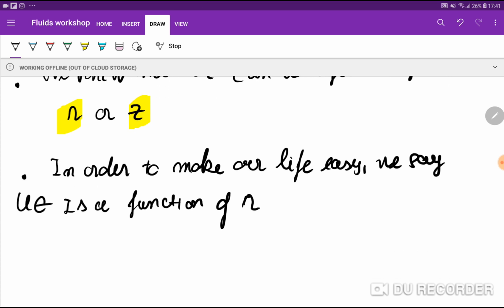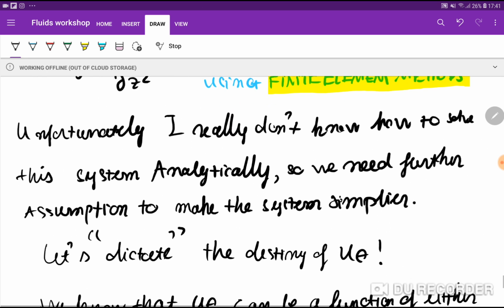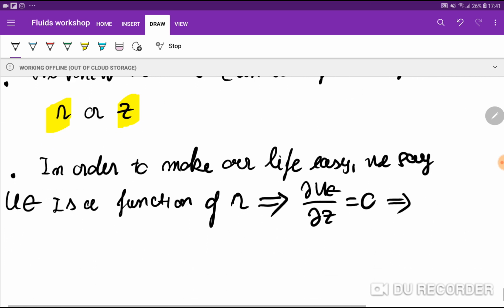Because if u theta is a function of r, it means that u theta is not a function of z. It means that the partial of u theta over partial of z equals 0. And then that being said, we can cancel this term out, the second partial of u theta with respect to z. Because if the first derivative equals 0, the second derivative also equals 0.